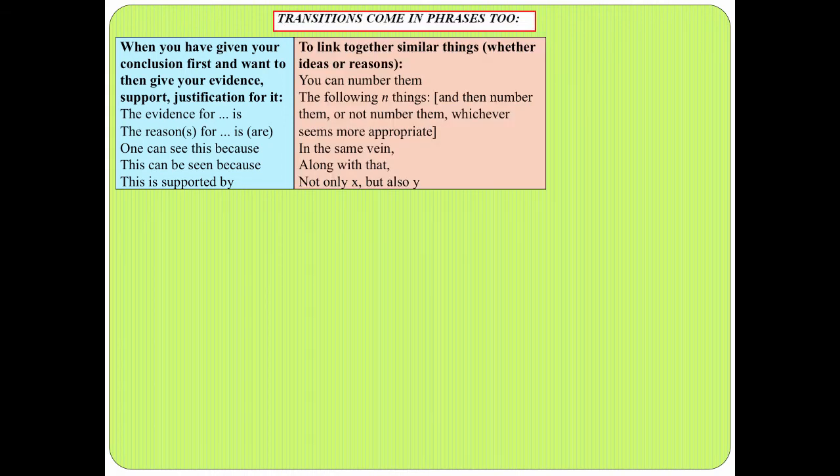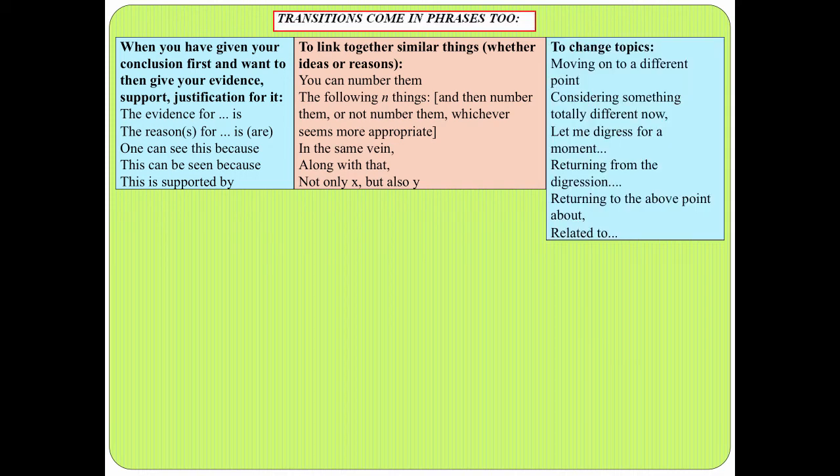To link together similar things, whether ideas or reasons, you can number them, the following n things, and then number them or not number them, whichever seems more appropriate: in the same vein, along with that, not only X, but also Y. To change topics: moving on to a different point, considering something totally different now, returning from the digression.